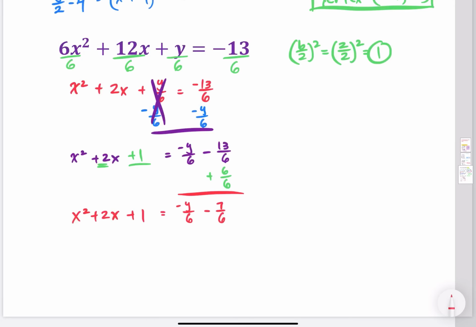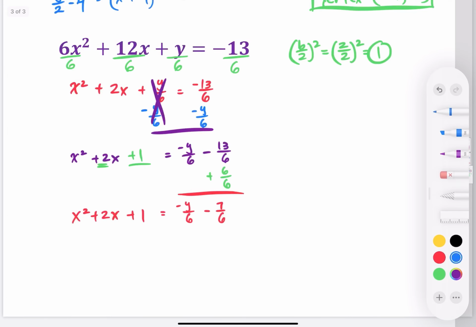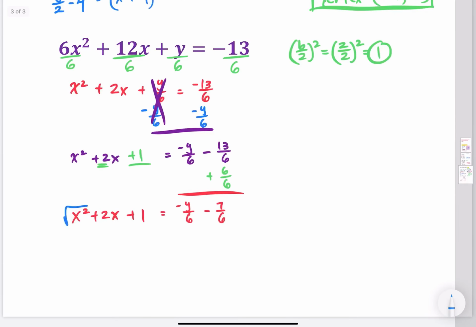Okay, so almost there. Now we want to rewrite that perfect square trinomial in factored form. So I'm going to square root the first one, which is x, square root that last one, which is just 1, take the sign in the middle, which is a plus sign, and we square it. Now all of that is still equal to negative y over 6 minus 7 over 6.